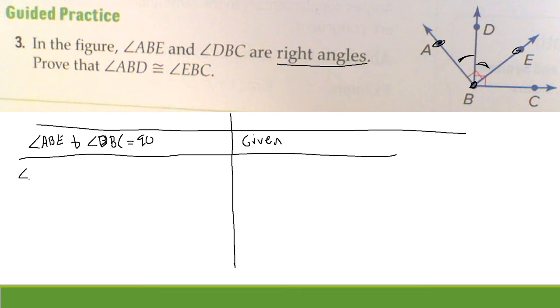So I can say that angle ABE is equal to angle ABD, which is this angle right here, plus angle DBE, which is this angle right here. So angle ABD plus DBE is the entire angle ABE itself. And the same thing for the other one.